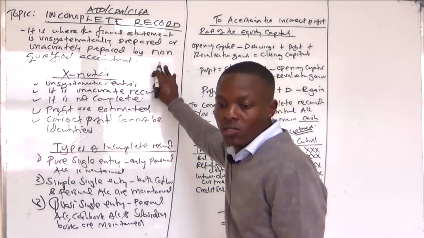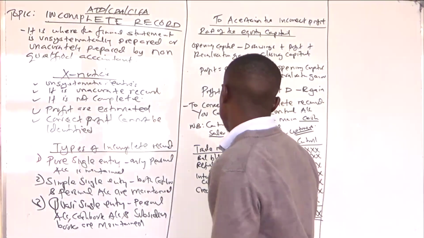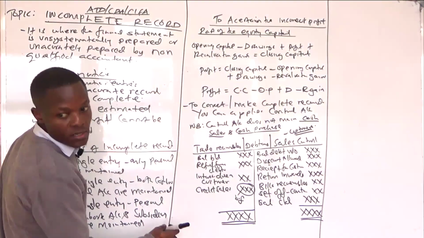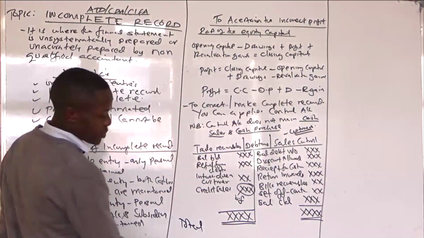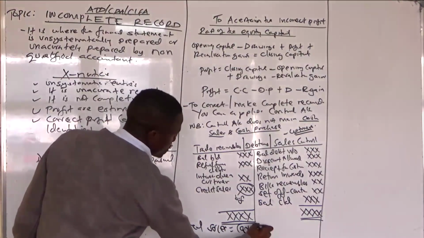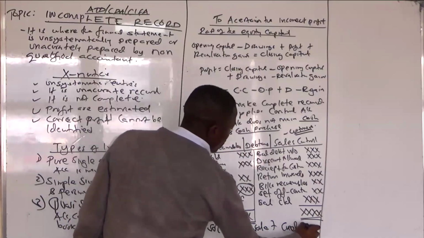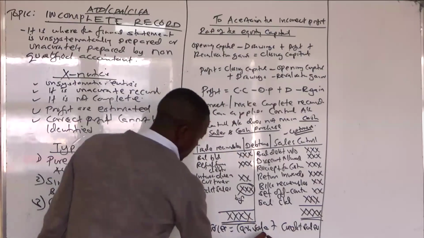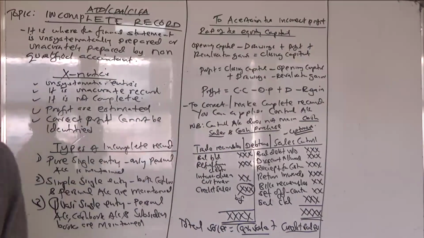Therefore, the records were not complete. That is an error they made. So they will not give you sales. To get total sales, you take the cash sales, then add credit sales. Now this is the sales that will go up there, where you start with sales minus return inwards.